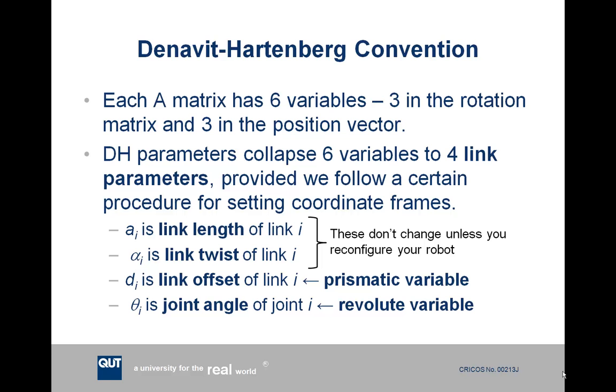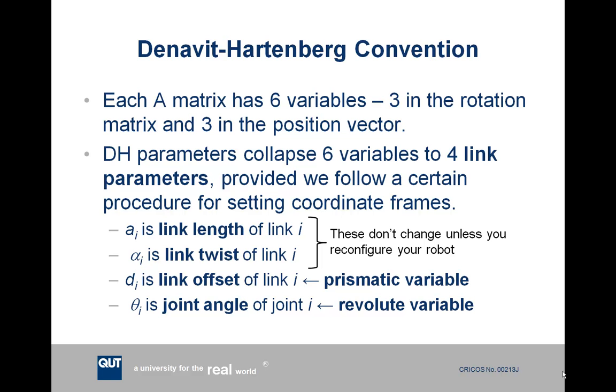This Denavit-Hartenberg approach, or DH as most people call it, collapses these 6 variables to only 4 link parameters. But this only works if we follow a certain process or procedure for how we set up these X, Y, Z coordinate frames at each link.